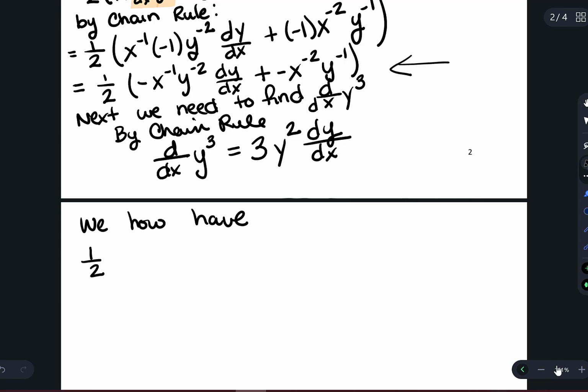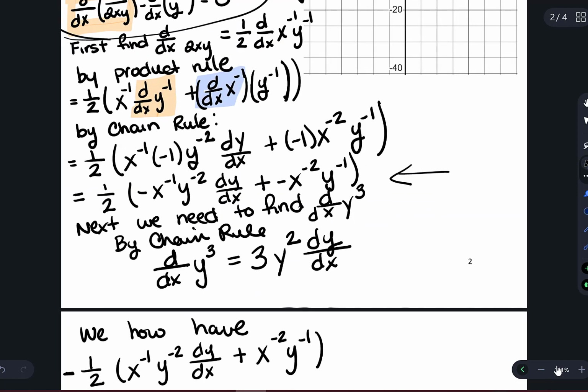And notice that both of these terms have a negative, so I'm actually just going to make that negative 1/2, x to the minus 1, y to the minus 2, the derivative of y with respect to x, plus x to the minus 2, y to the minus 1.